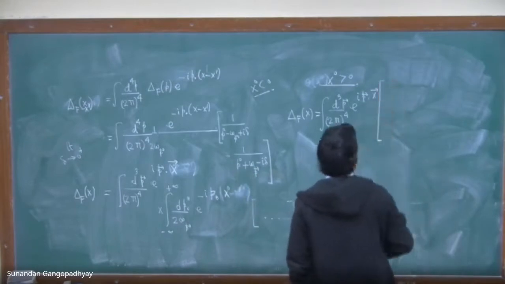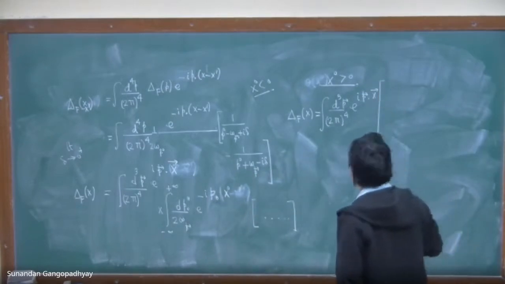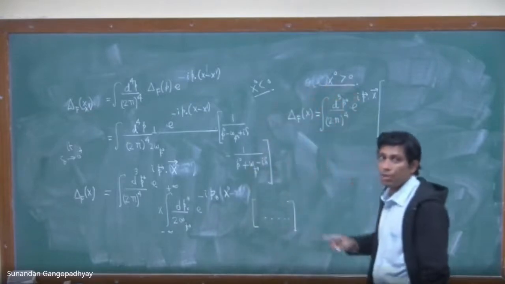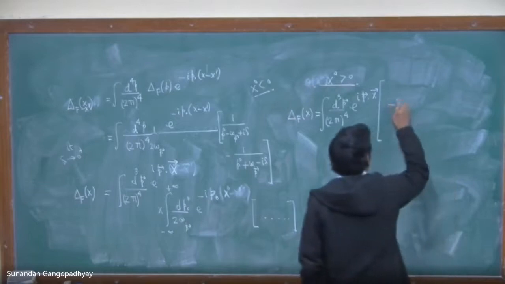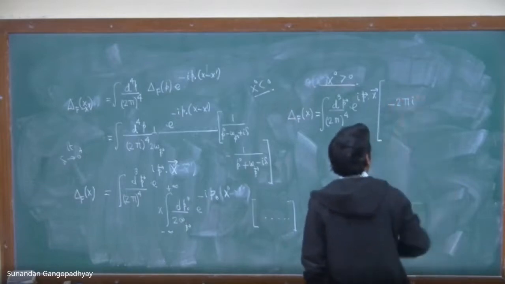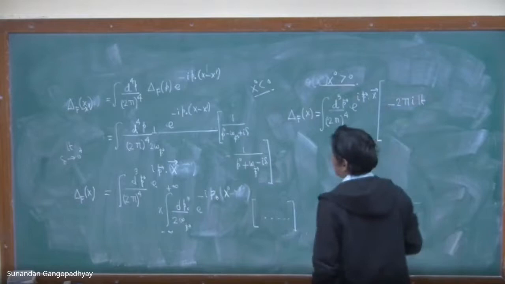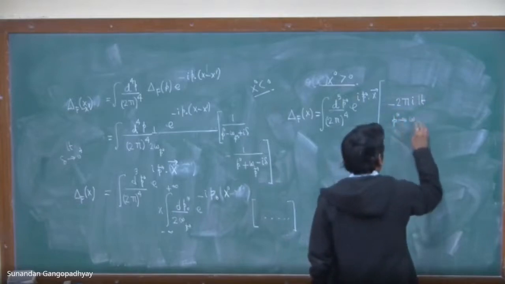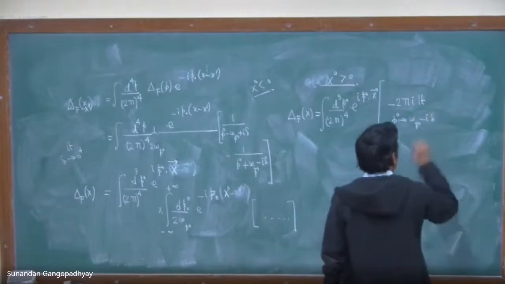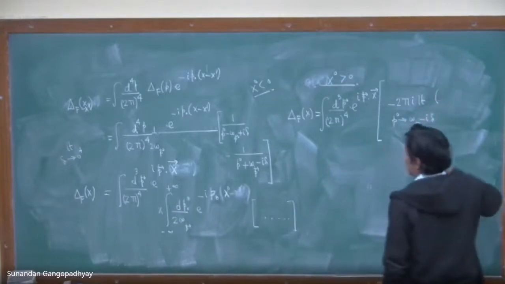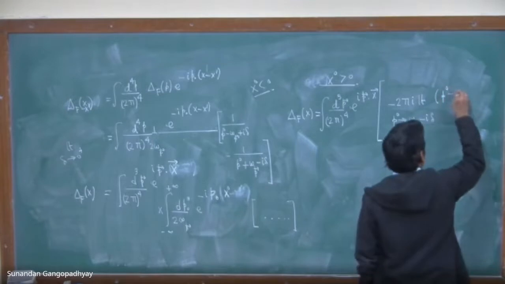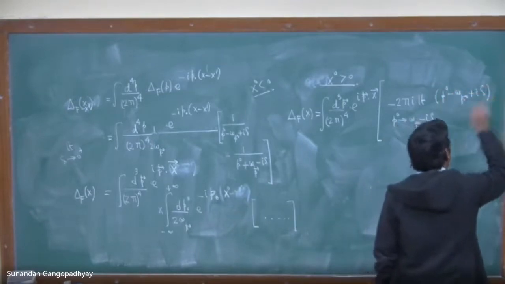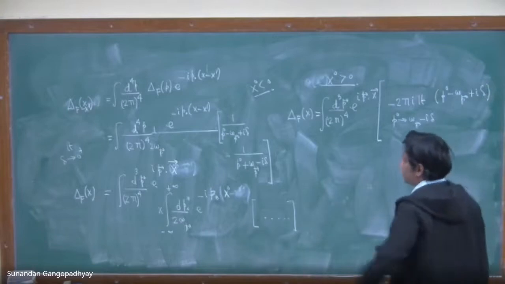For the first case, you need to close the contour in the lower half plane, so we'll have a minus 2 pi i times the limit p0 going to omega p minus i delta of (p0 minus omega p plus i delta) times this full thing, right?